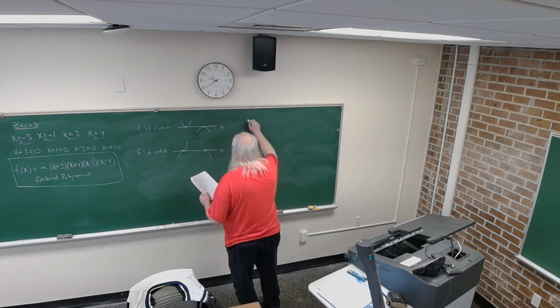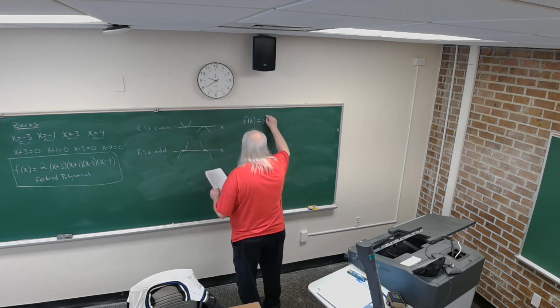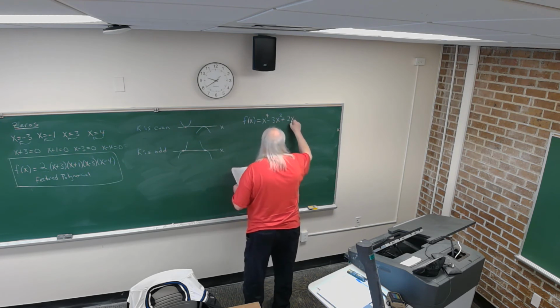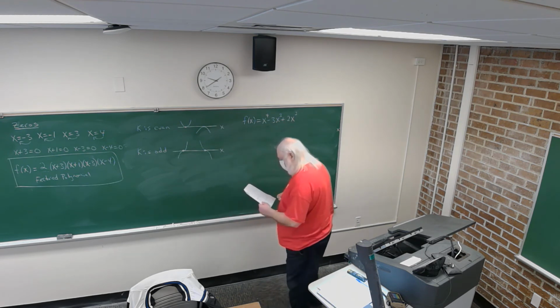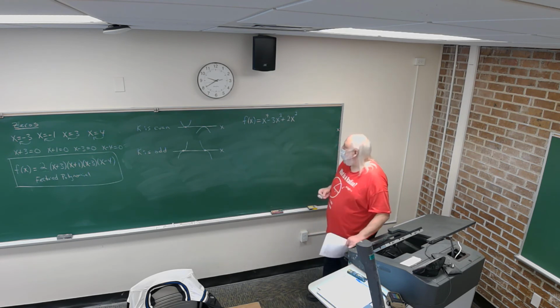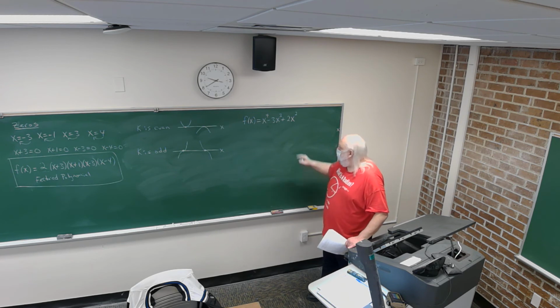In the first one, f of x is equal to x to the fourth minus 3x cubed plus 2x squared. This one's not difficult to factor. You can see we've got three terms in this polynomial, and x squared is the smallest power of x.